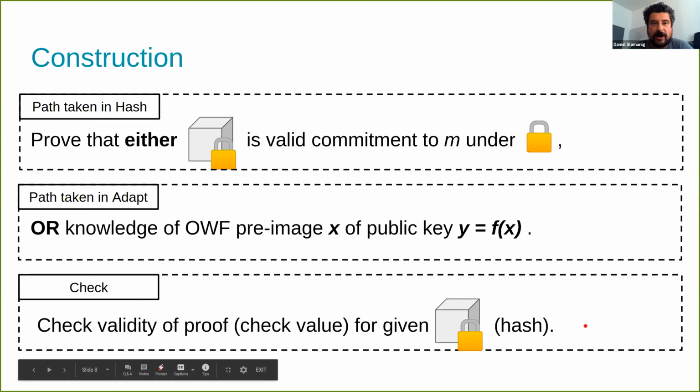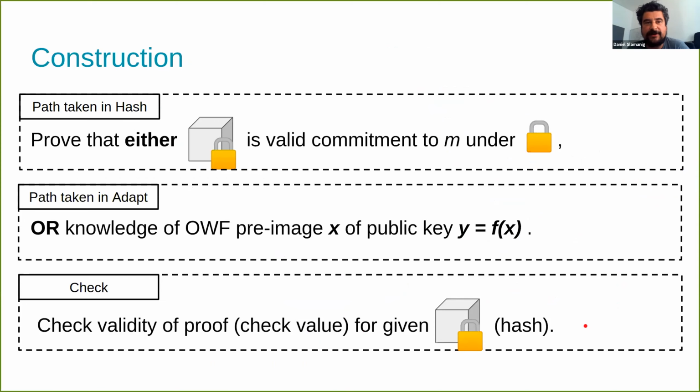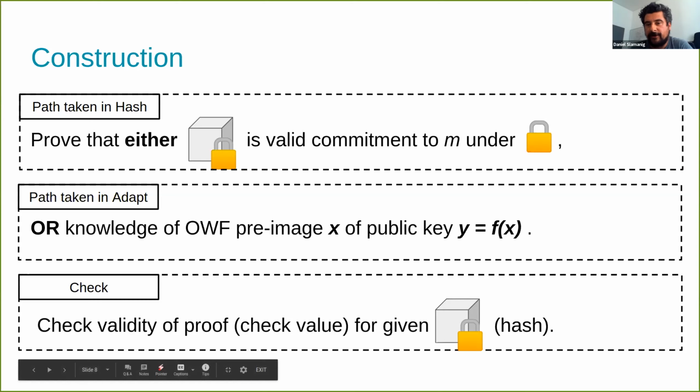So what does the template of this construction look like? The idea is that you take a non-interactive commitment scheme, and then you commit to the message, and then you add a simulation-extractable non-interactive zero-knowledge proof that either you know the opening of the commitment under the commitment public key, or you know a pre-image under a one-way function where the image of the one-way function is part of the public key.